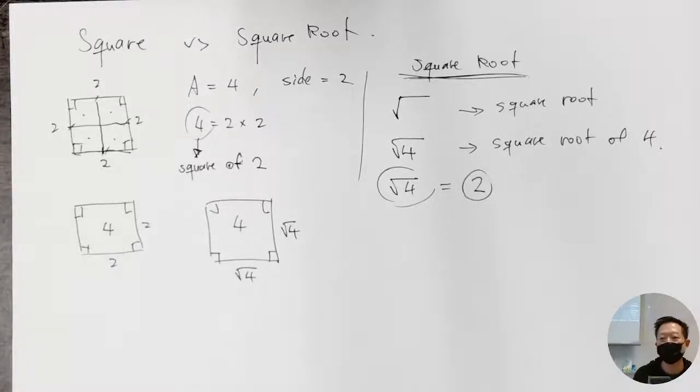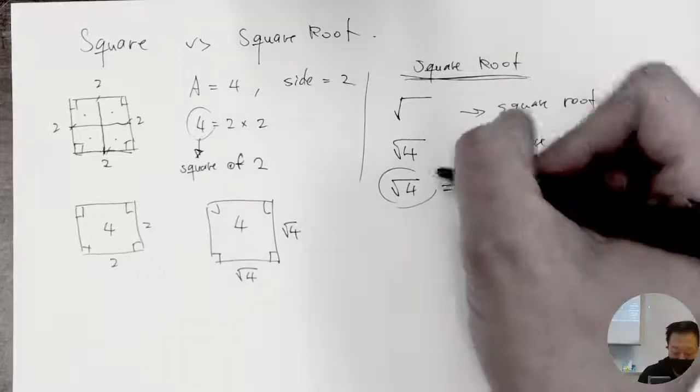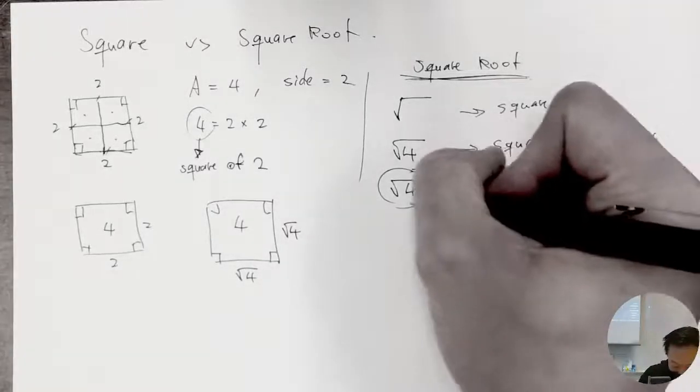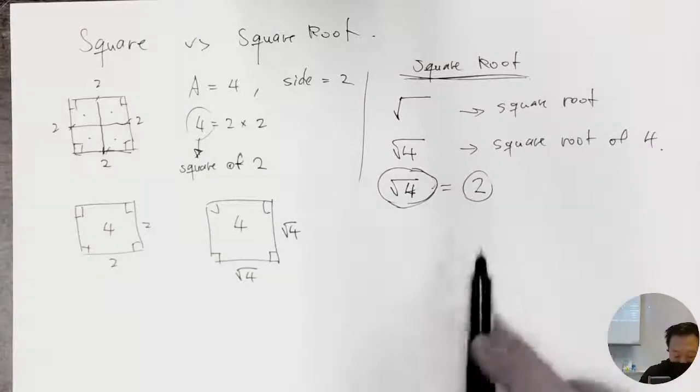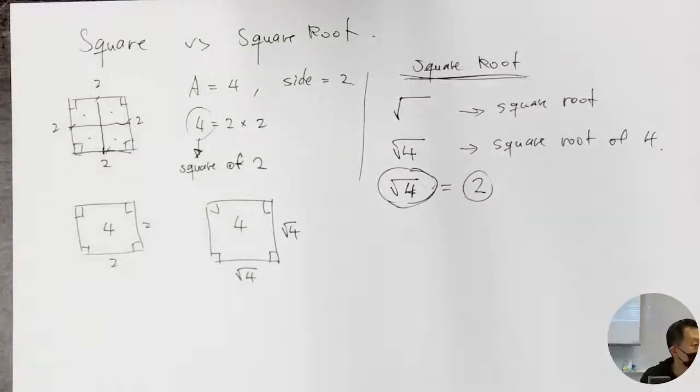It's like repackaging. It's a fancy way of saying, hey, if the area is 4, and you take a square root of it, each side is 2.